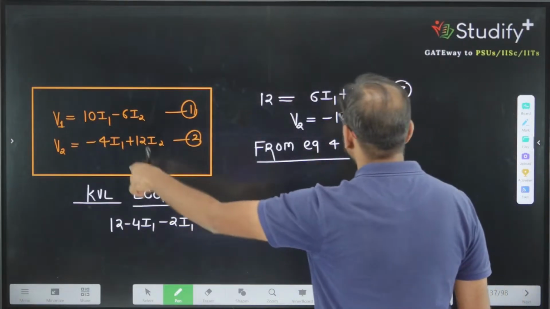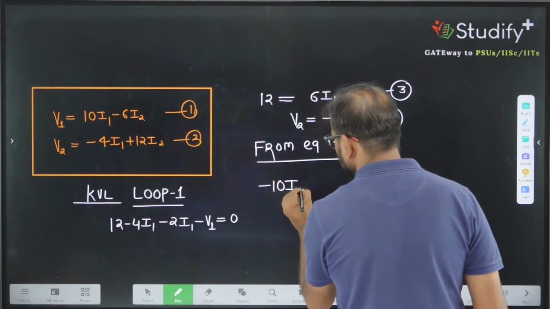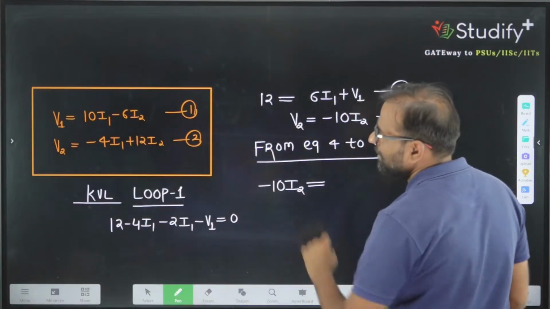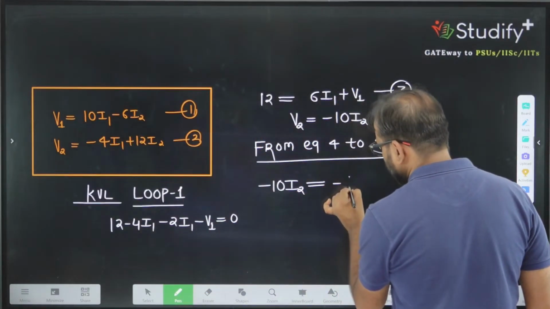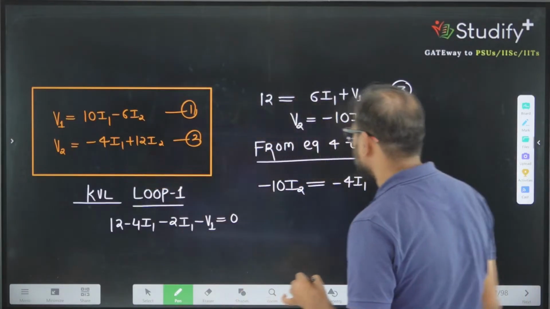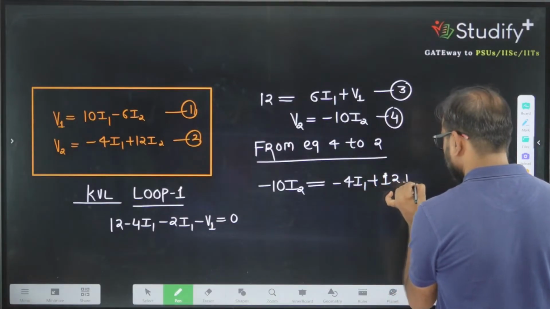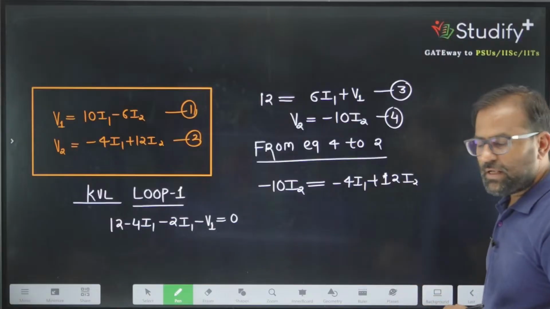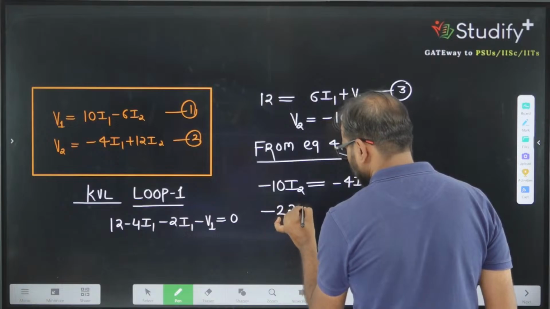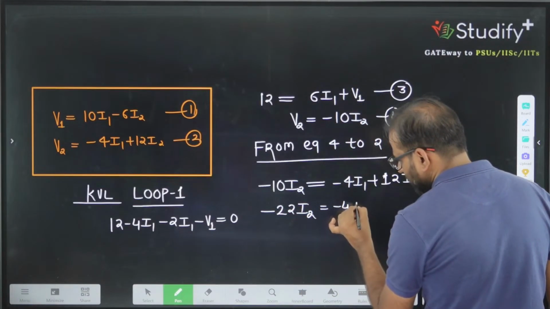If I write V2 here, minus 10 I2 equals minus 4 I1 plus 12 I2. Or you can say minus 10 minus 12 is minus 22 I2 equals minus 4 I1.